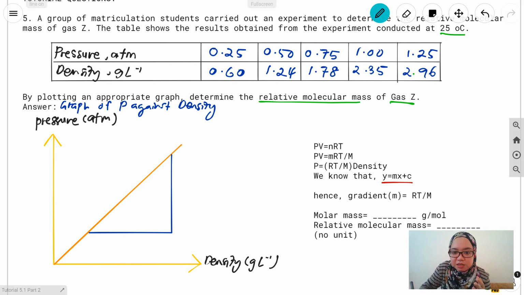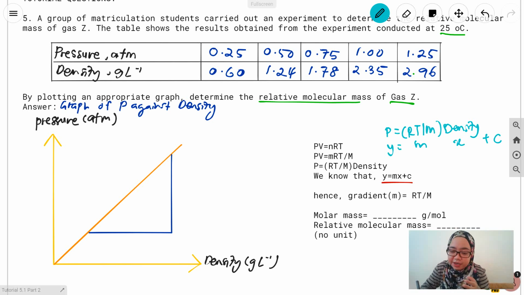So you get P is equals to RT over M times density. So actually P is y, is equals to mx plus c, where c is equal to 0, because the intercept is zero, right? Now we know that this P is at the y-axis, and density is at the x-axis.